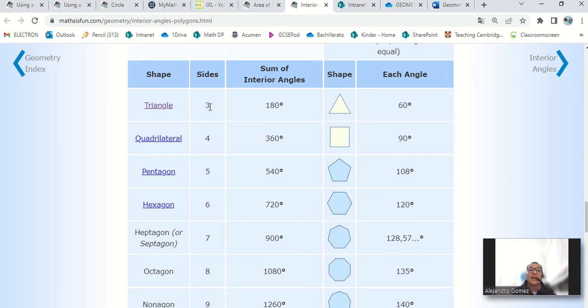One more side means 180 degrees more, right? So you add 180 degrees every time you have an extra side. Easy for us to realize.